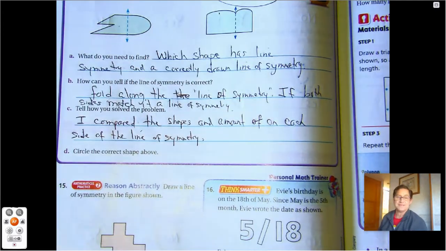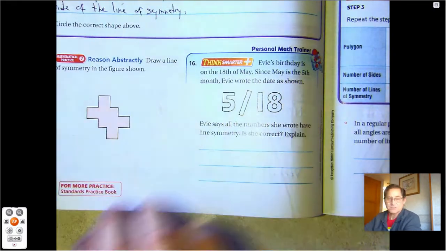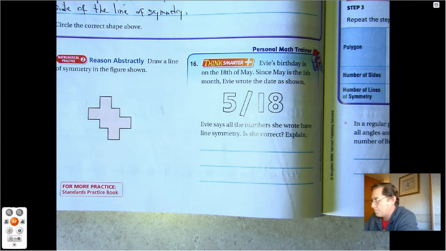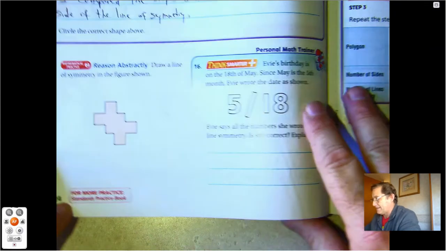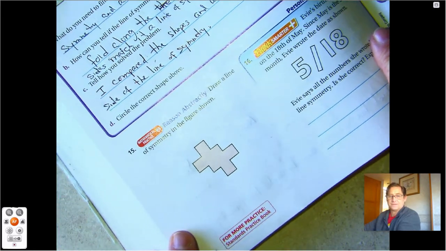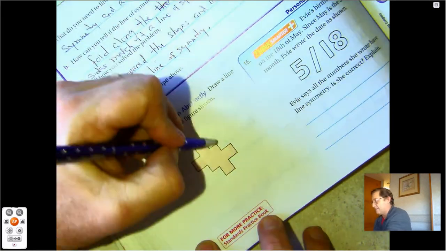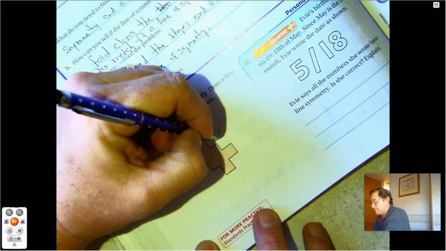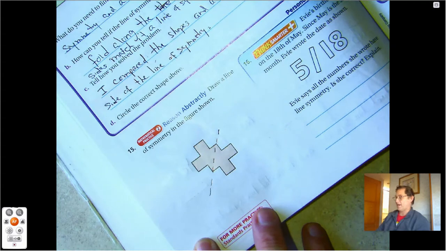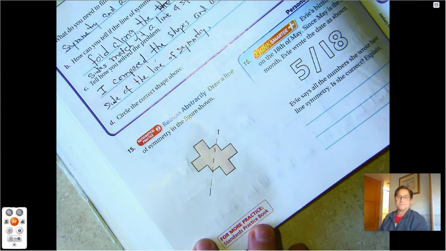All right, so now 15. Now, when I first looked at 15, I was a little confused. But when I looked at it slightly different, I noticed that if I went that way, they'd be exactly the same.